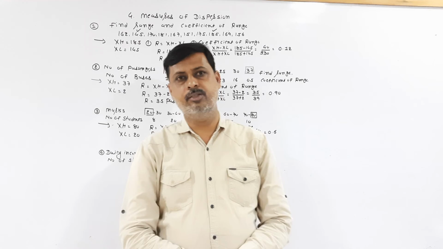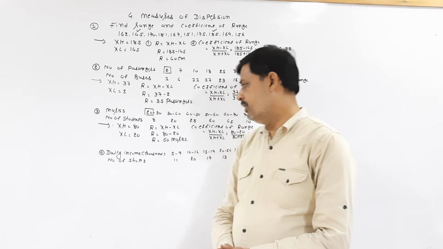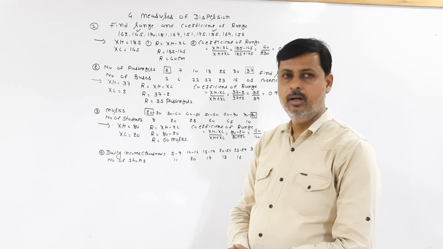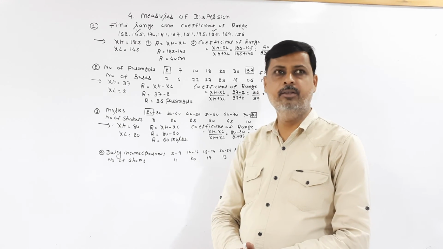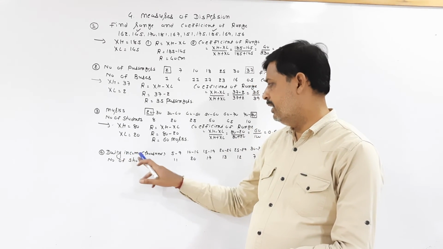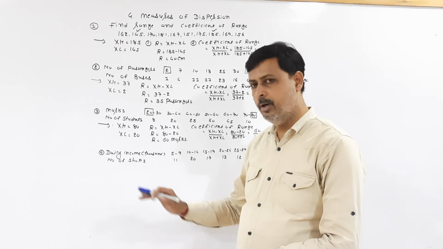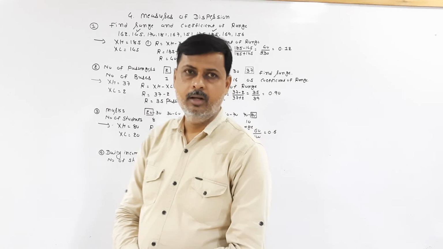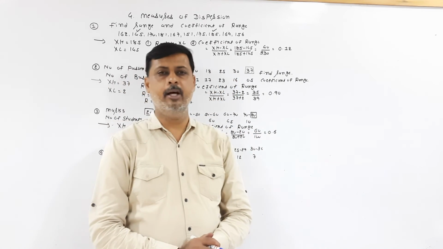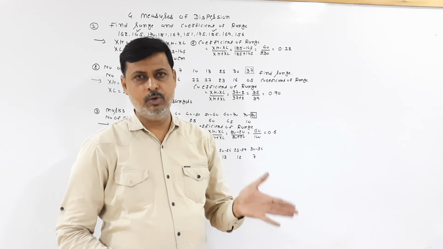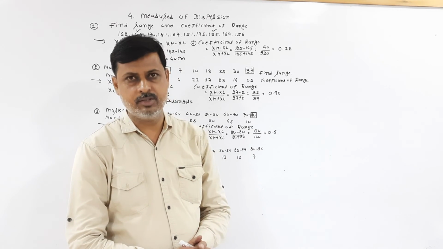Now in this example, 80 shops daily income is given, and daily income in 1000 is given, and also number of shops is given. In this example, we have to find absolute value of range, and also relative measures of range is required.